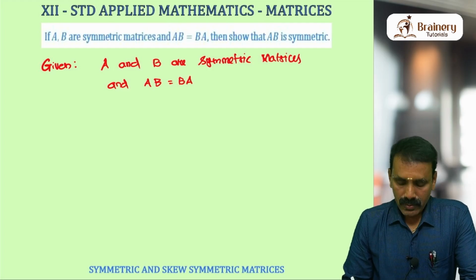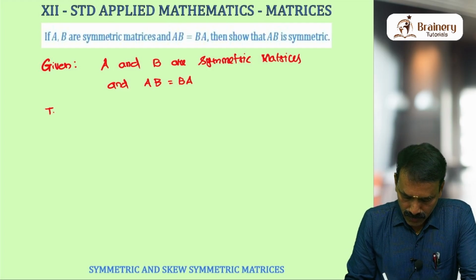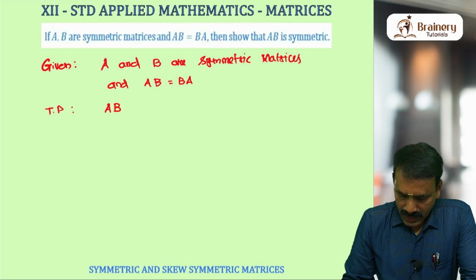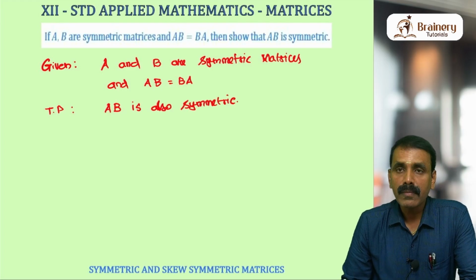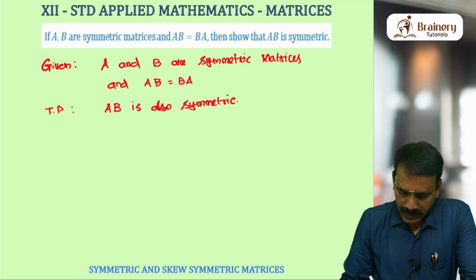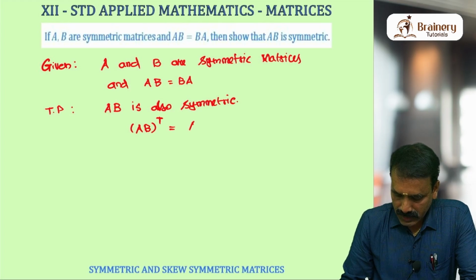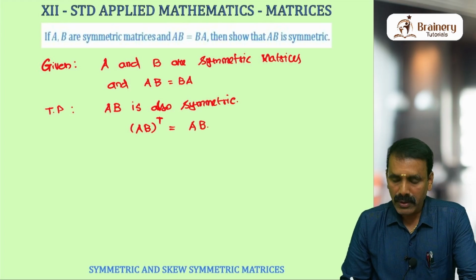What we are supposed to prove? To prove the product AB is also symmetric. That is, we must prove that AB whole transpose is also equal to AB. This is what we are supposed to prove.